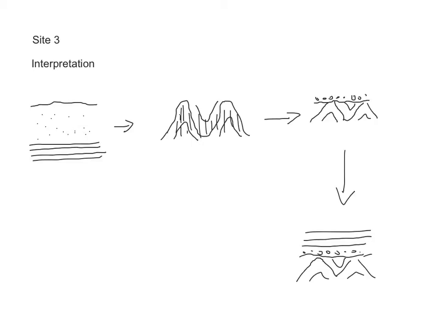So that's an interpretation. This happened about 450 million years ago in Britain. This collision happened about 400 million years ago, and then this with the limestone is about 350. So the erosion occurred over 50 to 100 million years, destroying all the layers in between.